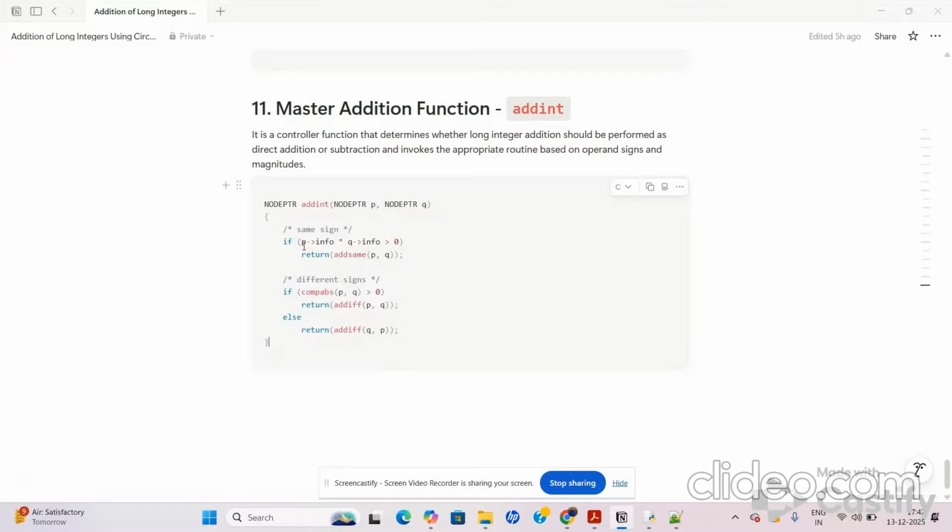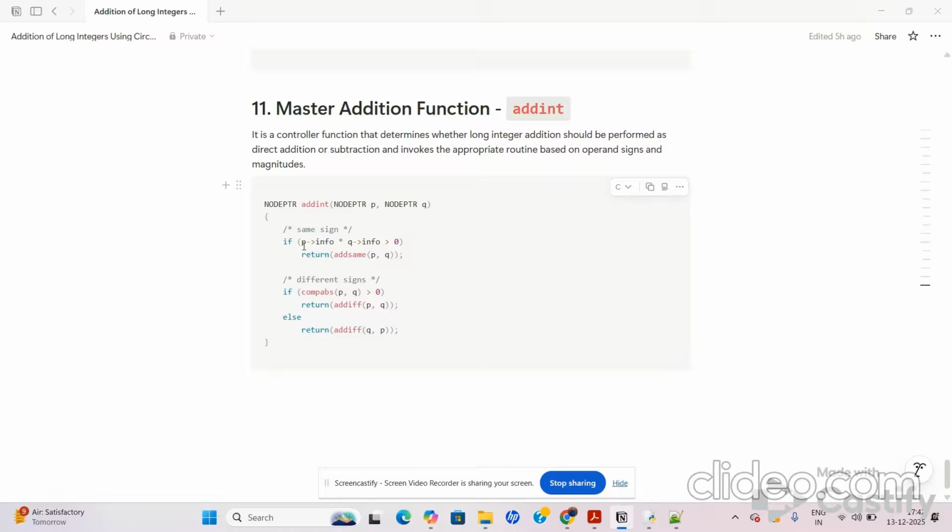When the signs are different, let's say one is positive and another one is negative, the multiplication result is always a negative value.